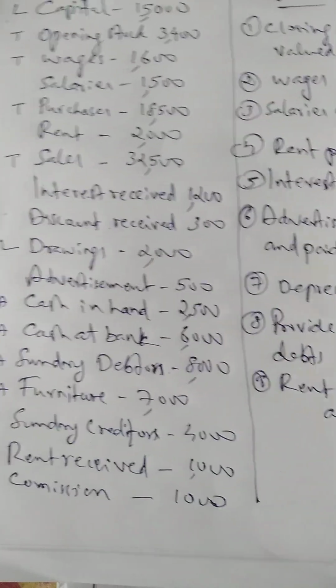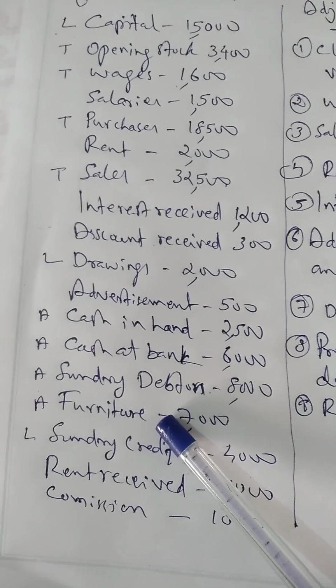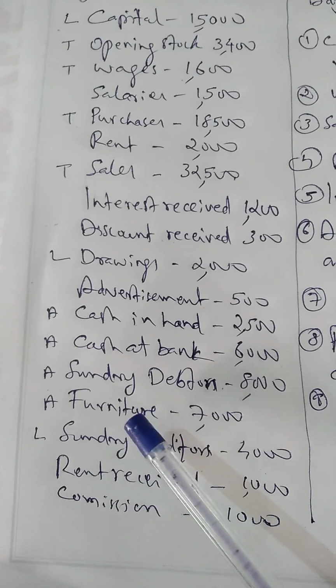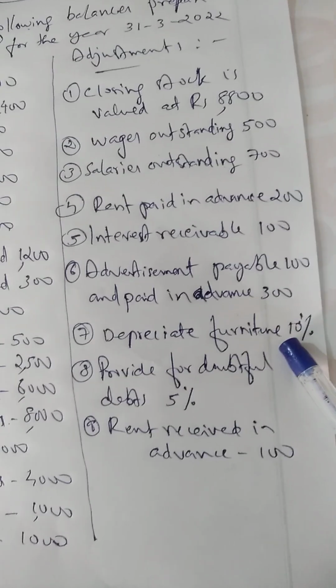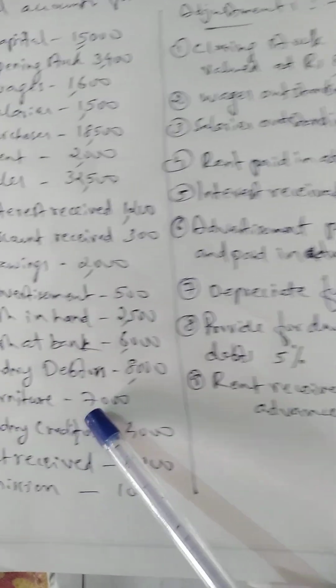So, first treatment is show it on the debit side of the profit and loss account. Then, while writing that asset on the asset side, you have to show furniture on the asset side, isn't it? While writing that, you should deduct the depreciation out of that amount.